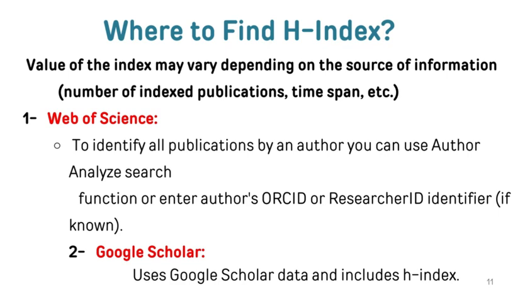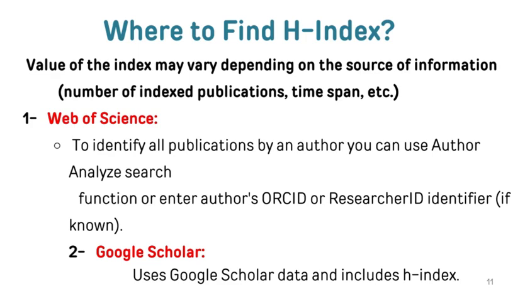Where to find the H-index? The value of the index may vary depending on the source of information, where this information comes from, the number of indexed publications, time span, and so on. This can clearly be seen in the Web of Science and in Google Scholar.